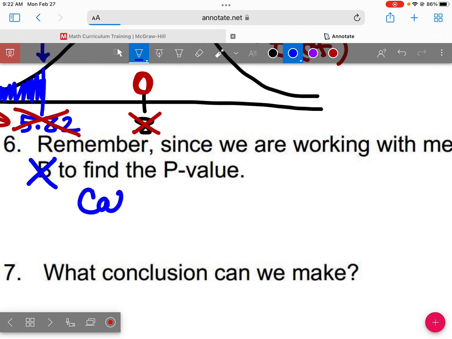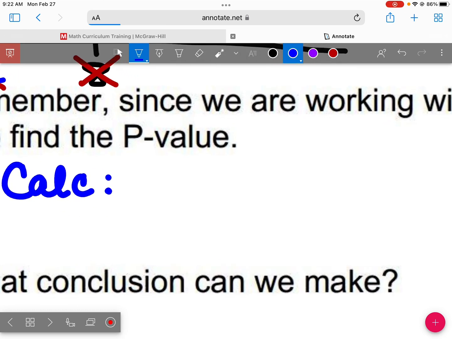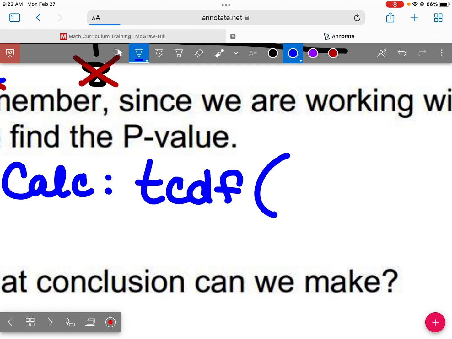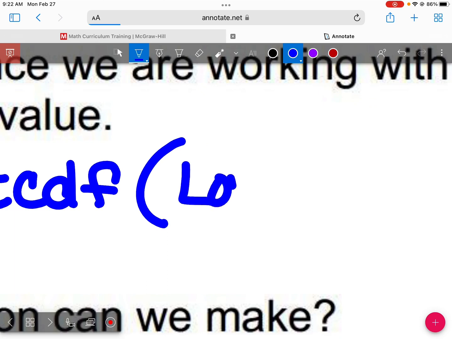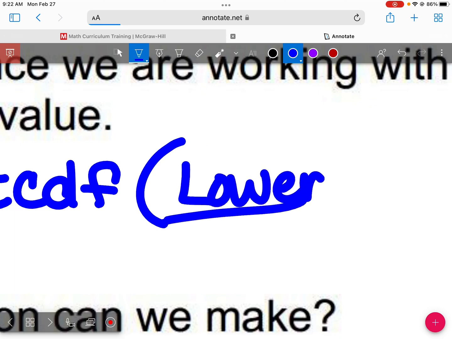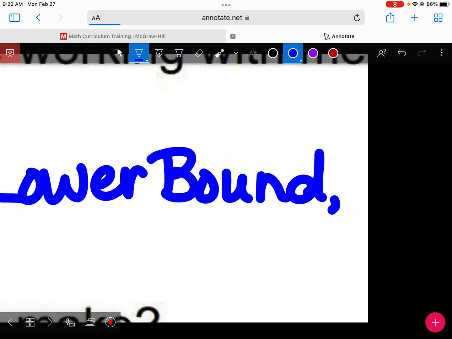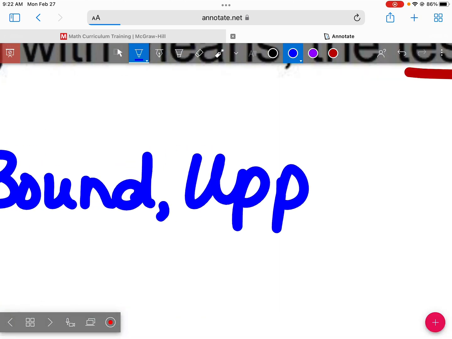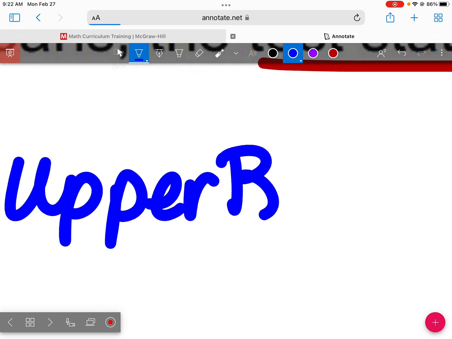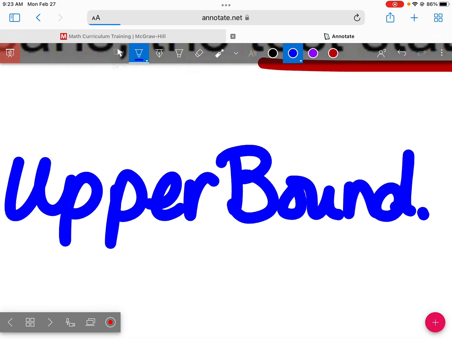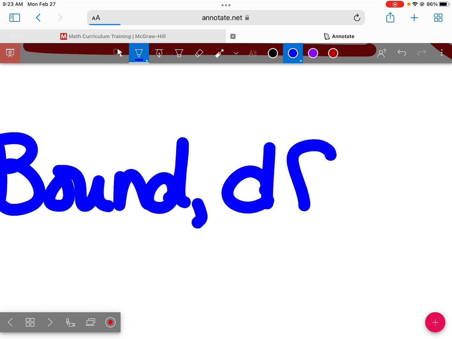So on the calculator, TCDF. And then we need 3 pieces of information. We need a lower bound, we need an upper bound, and then we need degrees of freedom.